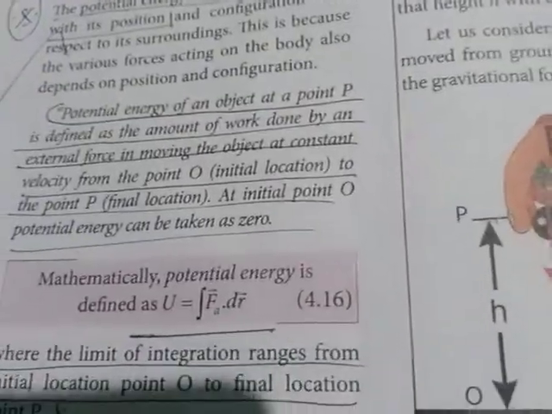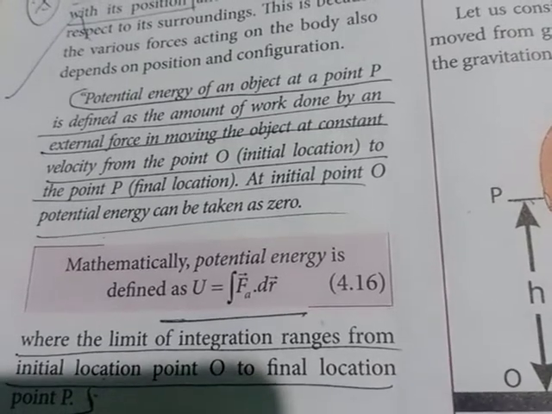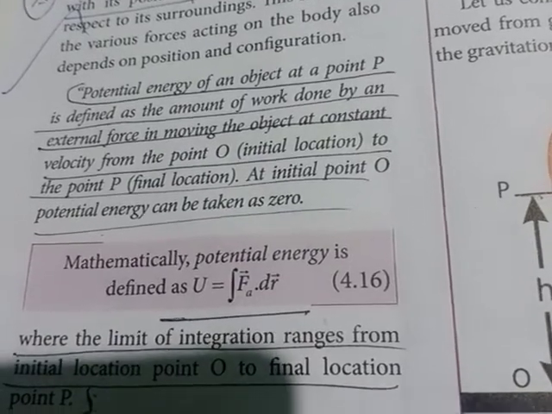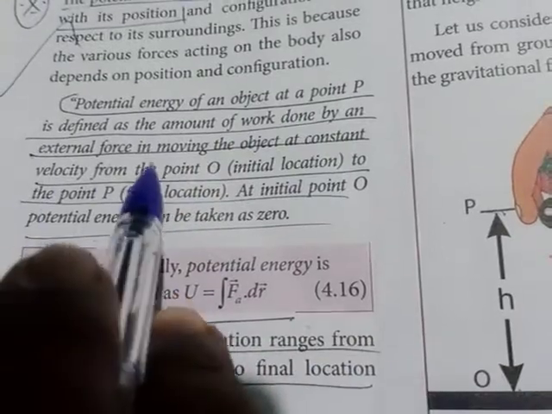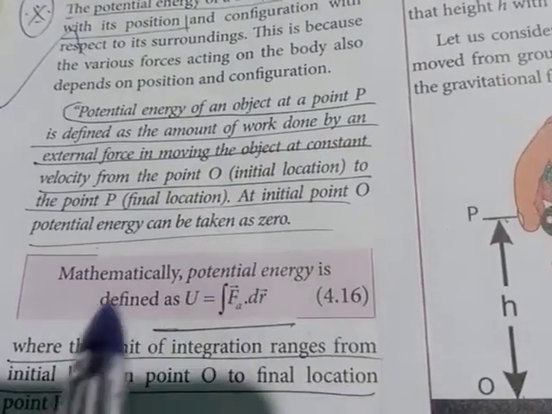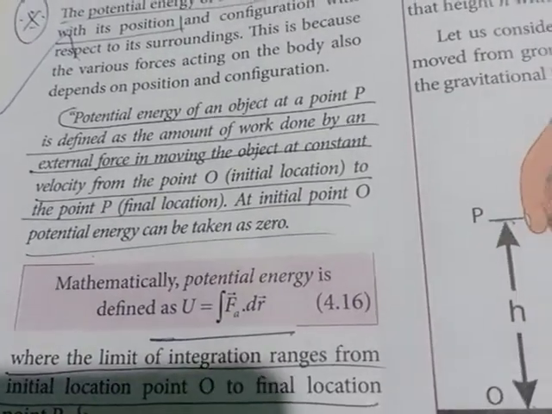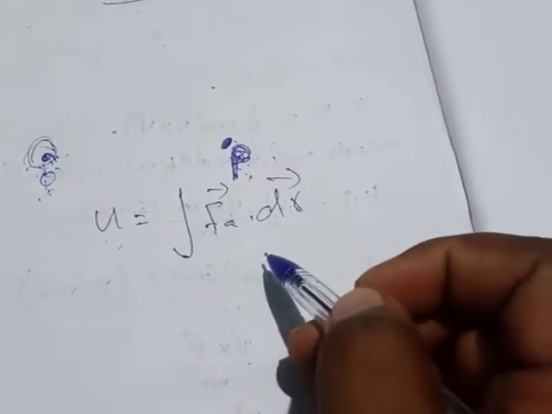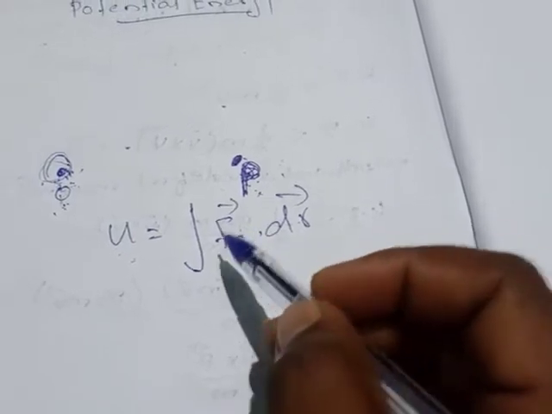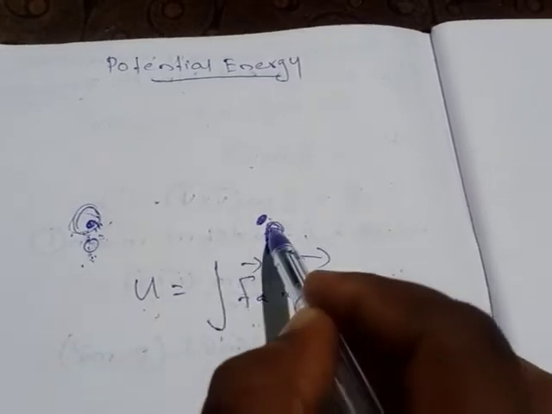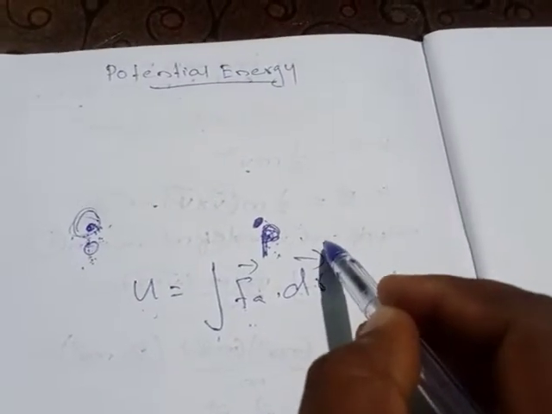Potential energy of an object at a point P is defined as the amount of work done by an external force in moving the object at constant velocity from the point O to the point P. At the initial position the potential energy is taken as 0, so you can write mathematically U is equal to the integral of Fa dot dr, and we have to integrate this equation with the limits to find the potential energy from point O, the initial position, to point P, the final position.